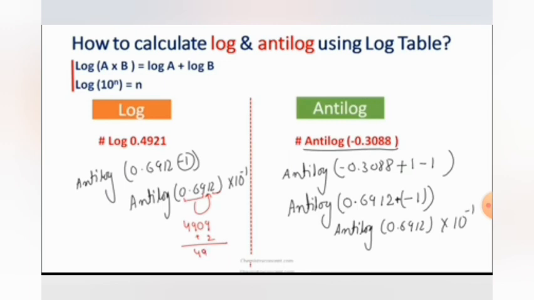Therefore 4906, it becomes 4.906 into 10 raised to minus 1. This 10 raised to minus 1, we already know, will be taken as the power, and therefore the value becomes 0.4906.